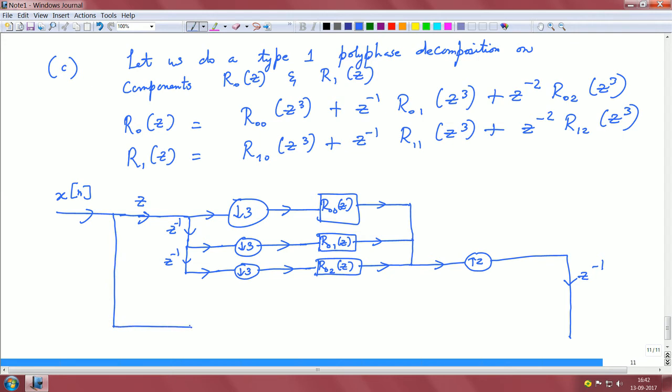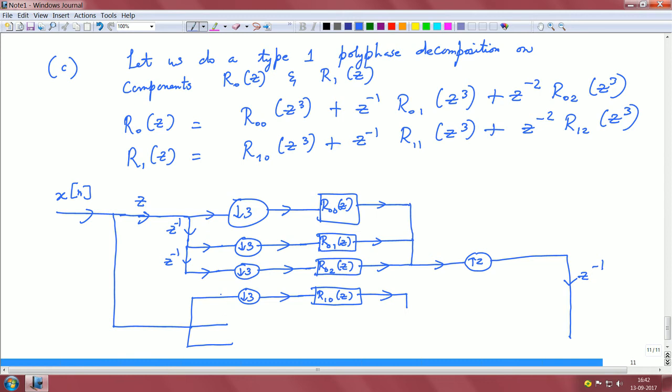And then similarly we have one more branch, and from which we have to realize something similar to what we did. So we have downsample by 3 followed by this filter R10 of z, first branch, then we have a delay.